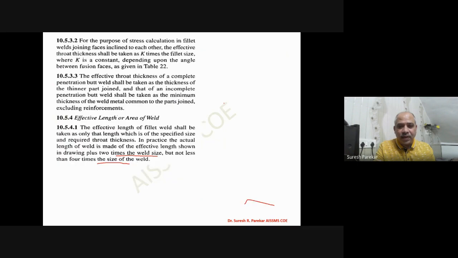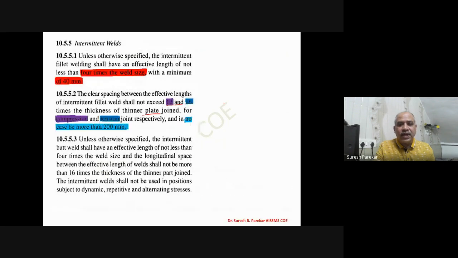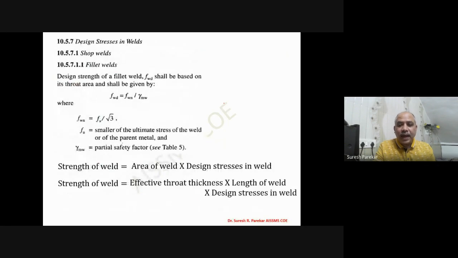That table is given over here, and that is the constant K, which will decide your throat thickness. And into design stresses in weld, which we get from here, that will be FWD. So we have FWD into K into size of weld into length of the weld, and that will give you the strength of the weld.